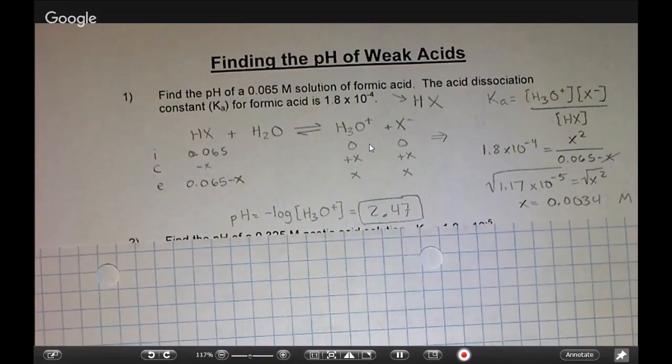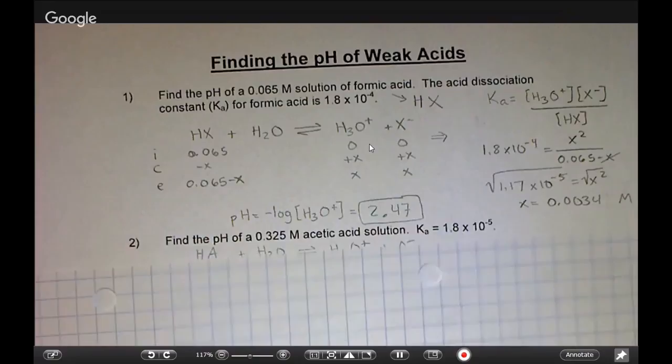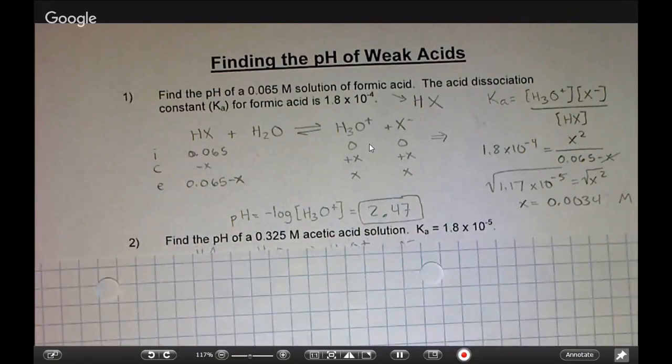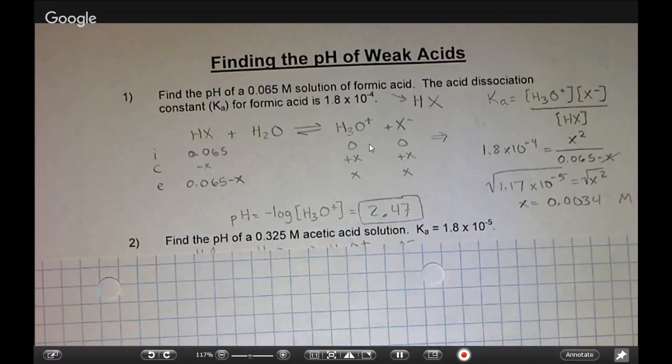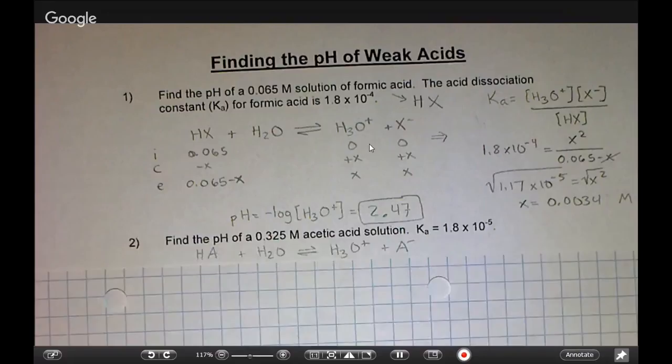That's good. All right, let's take a look at number 2. Number 2 says find the pH of a 0.325 molar acetic acid solution. Ka is 1.8 times 10 to the minus 5. Acetic acid, I did HA. Again, it doesn't matter what you put there. X, HC, HQ, HA.